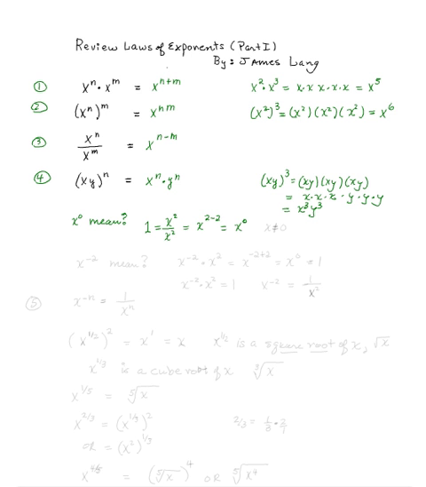Now, this is true for all numbers, all values of x, except if x is 0. Because then you'd be dividing by 0 squared, and you've learned, or you've been told, programmed, that you cannot divide by 0.